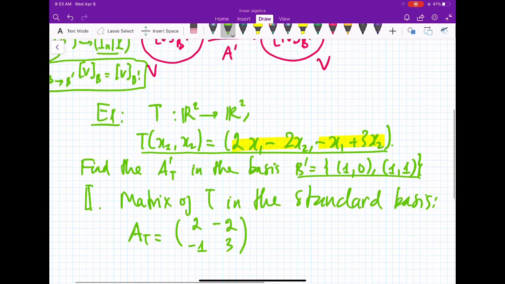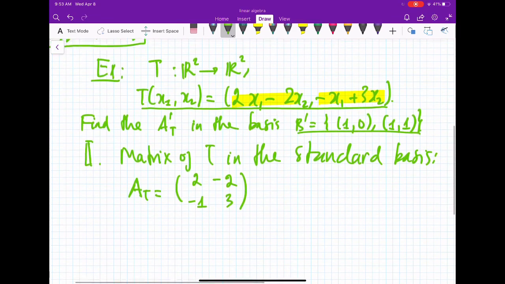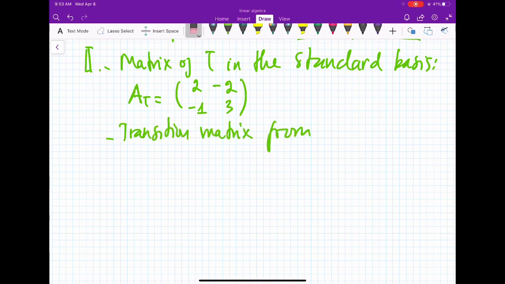So that means, look at this diagram. We want to find A prime right here. Makes sense? So you have to go from the standard to the new one. That means you have to apply the inverse of this matrix. So basically, I need to find the transition matrix from the standard basis to B prime.